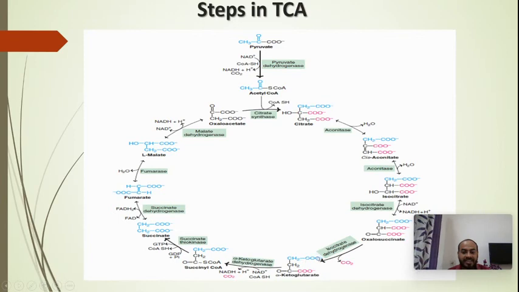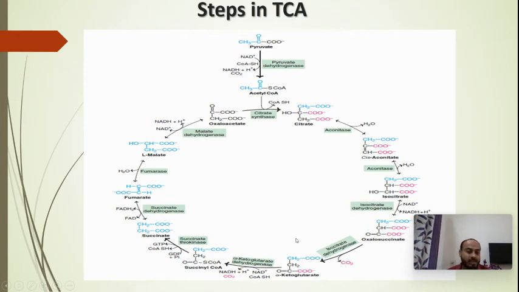You see the same structure, only that it is devoid of the carbon dioxide or COO minus in this position, the rest remaining the same, which is known as alpha ketoglutarate. So alpha ketoglutarate will be formed from oxalosuccinate in the presence of isocitrate dehydrogenase. The main thing happening here is that one carbon dioxide molecule in the form of COO minus will be eliminated in this step.